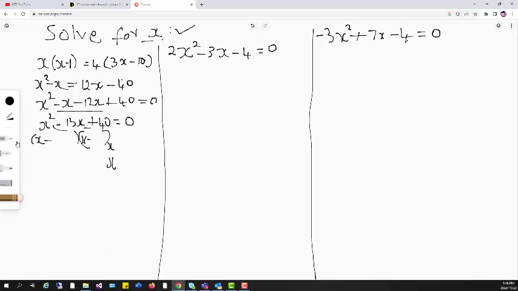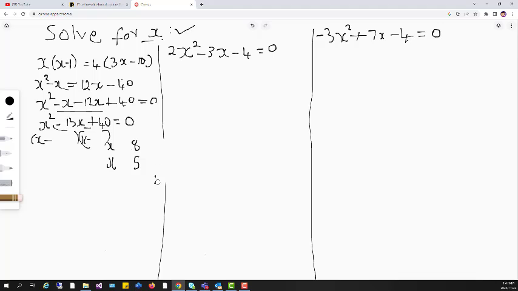So 40 and 1 will definitely not work. The other terms of 40 that we can think of are 8 and 5, and also 20 and 2. With 20 and 2, we're going to have 20x and 2x. 20 plus 2 gives you 22. This is not 13, it's rather 22. Let's try out now 8 and 5.